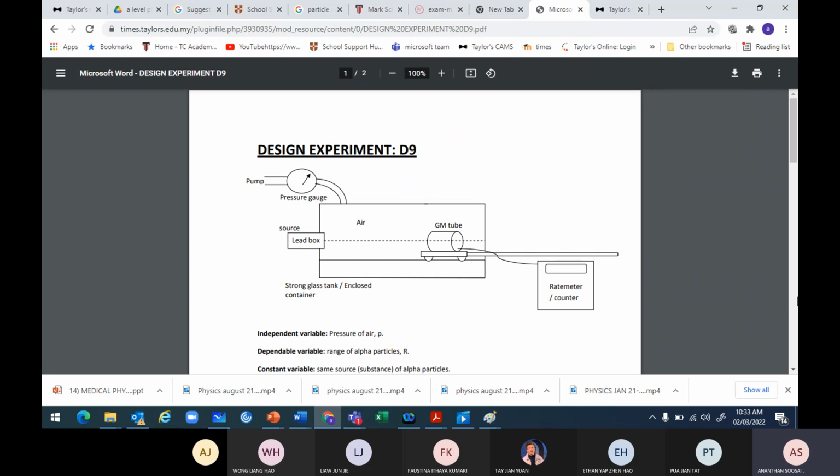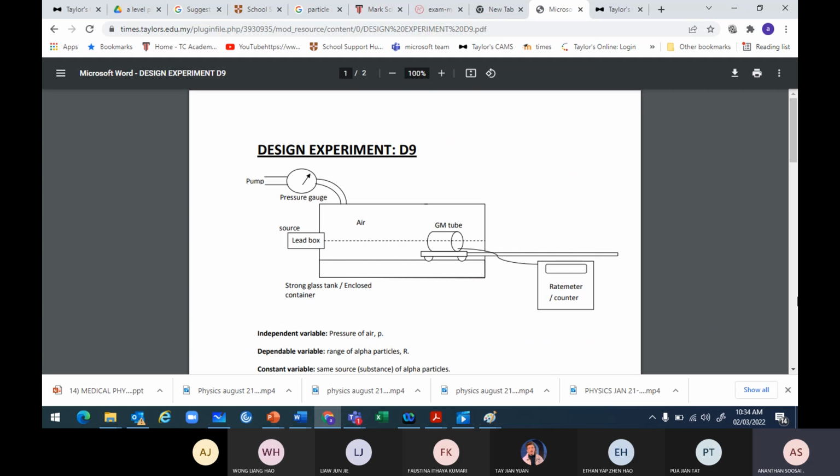But how do you know you have already reached the range? When do you stop? When do you consider that distance as the range? The reading dropped to the background radiation, right? So before you conduct the experiment, first you have to find the background radiation. Let's say the background radiation is a count rate of 2000.